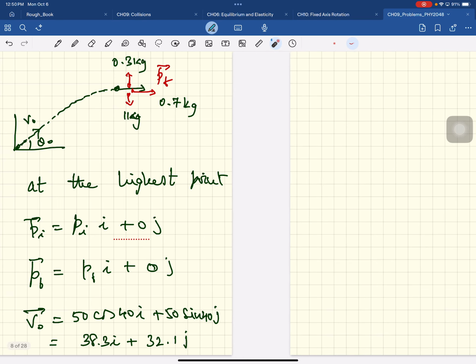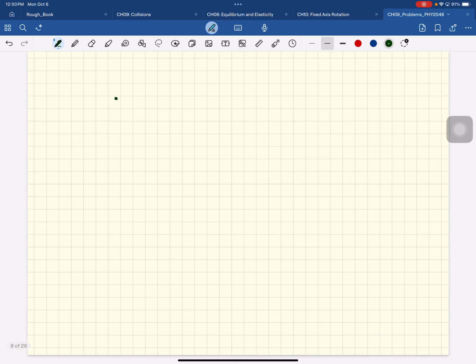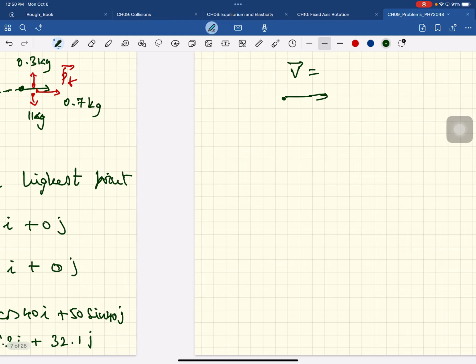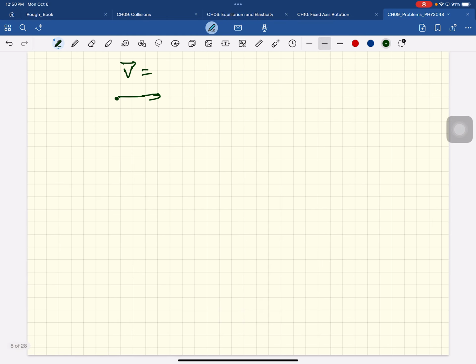So at the very top, velocity is 38.3 i plus 0 j.